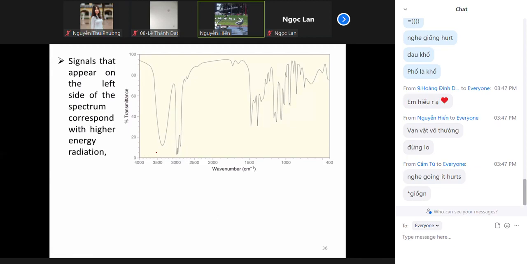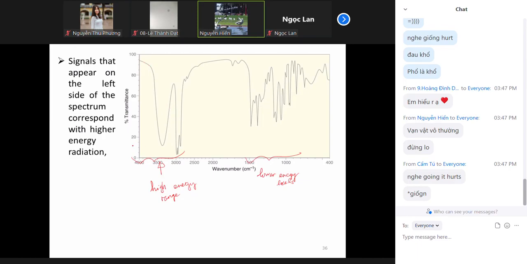This part corresponds to the high energy range, because you see it has large wave numbers, 4,000, 3,500, and this part corresponds to lower energy levels.